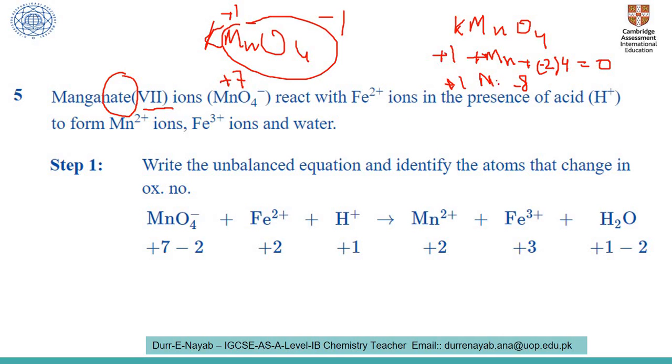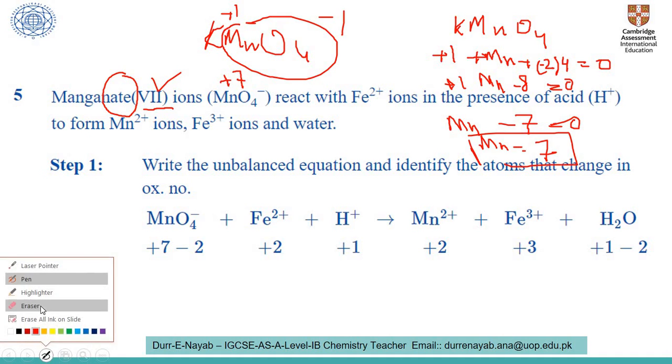And manganese is equal to what? Now -8 + 1 is -7, equal to 0, and manganese will be here. Now manganese and 7 will move to the other side. So now you can see manganese is in the 7th state. Now we can do one other thing.